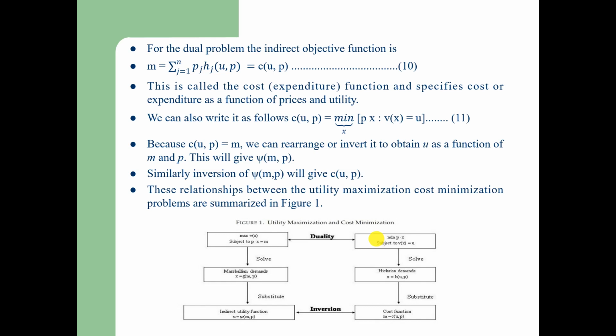And if we substitute the optimal choice values of the Hicksian demand function in this function, then we get the cost function, which is also known as the expenditure function. So this is a dual problem, and this cost function and the indirect utility function are the reverse of each other.